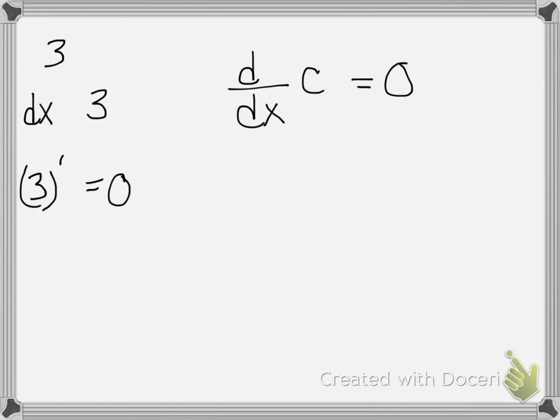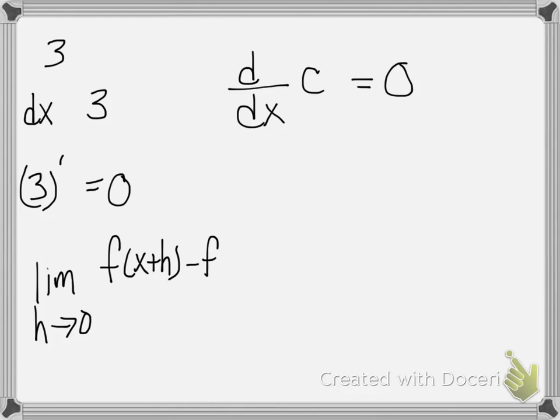And that's just one of the rules, because if you go through and actually do the limit definition, the limit as h goes to 0 of f of x plus h minus f of x all over h. Whenever you go through, well, we plug in our x plus h wherever we see an x.